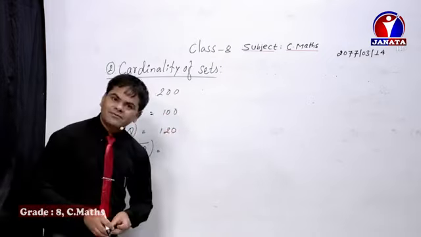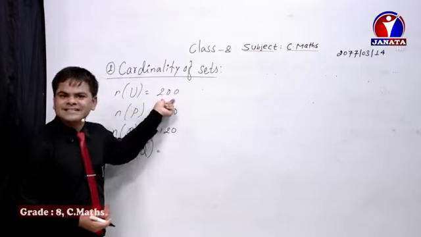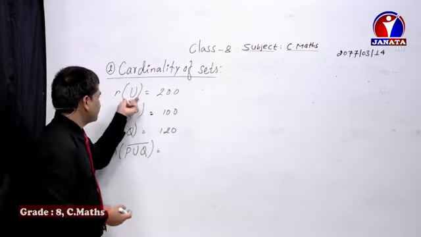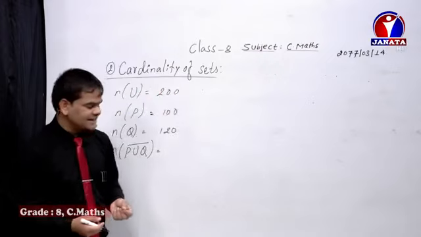In our survey of 200 people, that represents the universal set, so we write in short form n(U) equals 200.